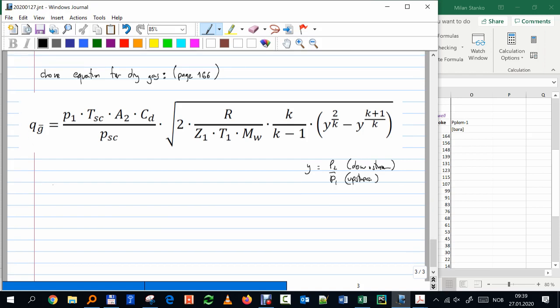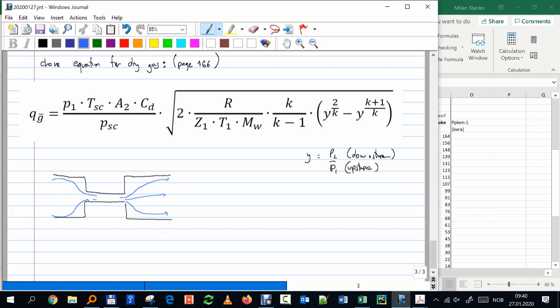And most choke models are modeled like this: you have a big restriction, a contraction where you burn all the energy, and then an expansion with the fluid coming out. This is the area that you call area 1, and this is the area that you call area 2.